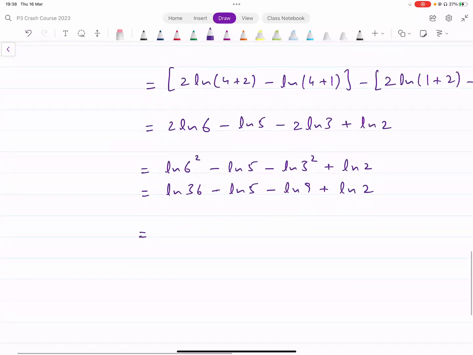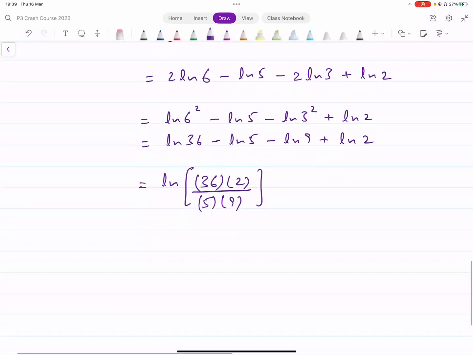Now we just apply that rule of log. Ln of 36, you have a positive number outside, so that comes in the numerator. Minus ln 5, 5 comes in the denominator. Minus ln 9, 9 also comes in the denominator. Then you have plus ln 2, so you have 2 in the numerator like this. Okay, so this is just using multiplication and division laws of logs.